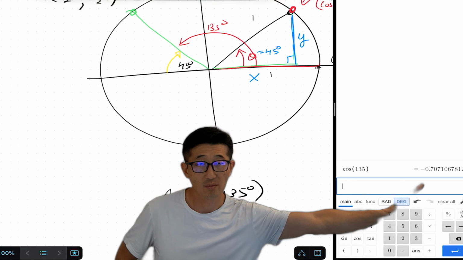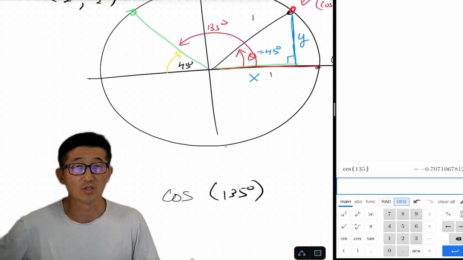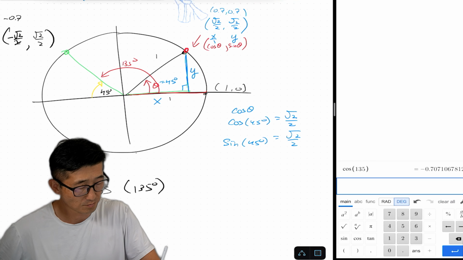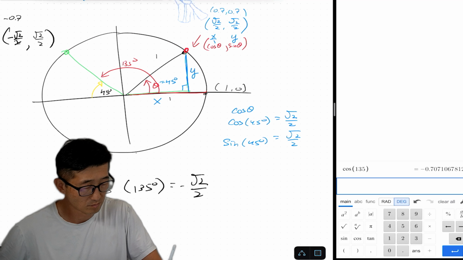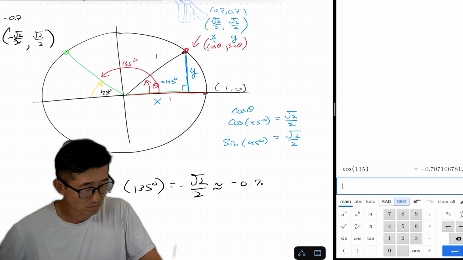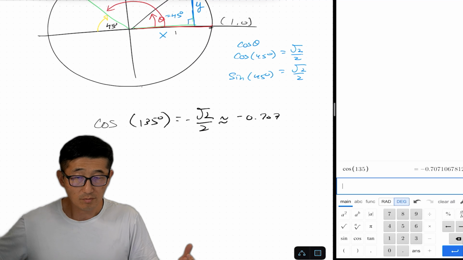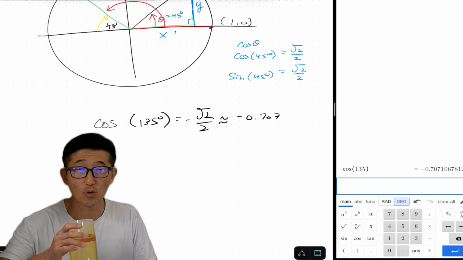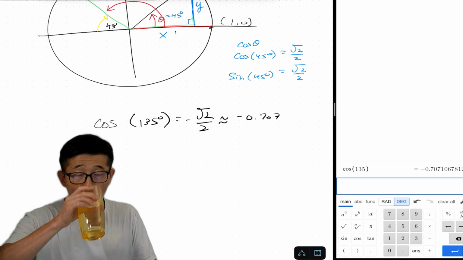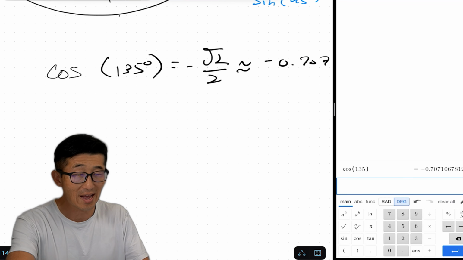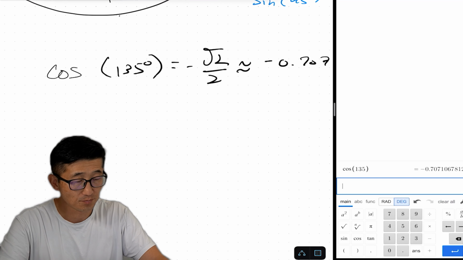We got 0.707. You guys get that? Okay, yeah. So here it is. See it? Now, notice that the calculator understands which quadrant you're actually in. Now, if you do it by hand, how would you write this?